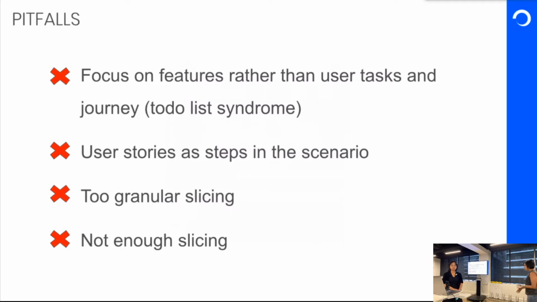So what are the pitfalls that we have seen from doing this so many times, as part of our deliveries? One of the biggest pitfalls that we have seen is most of the time we go into this habit of creating to-do lists rather than thinking about the high-level feature and then breaking them into smaller chunks of stories that is valuable, independent, that adds some business value at the end of the day for the journey, for the person, right?